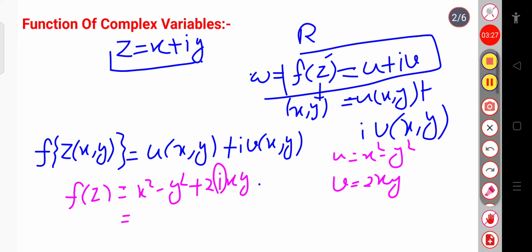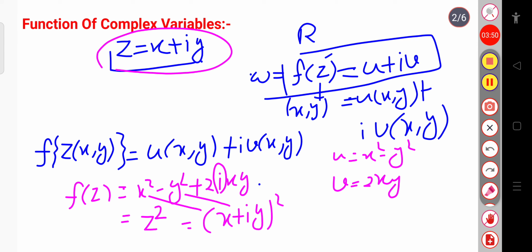Or simply this function can be written as nothing but z square. If I split z equals x plus iy, then x plus iy whole square will be x square, and iy whole square means i square is minus 1, so that will be minus y square, and again this will be 2ixy. Here you can see that z equals x plus iy, and here I am considering z square.